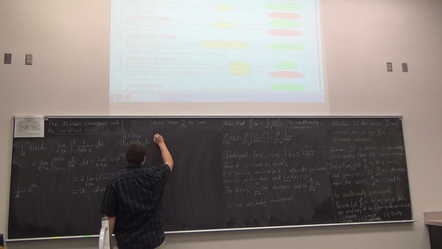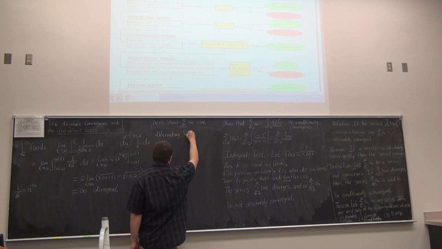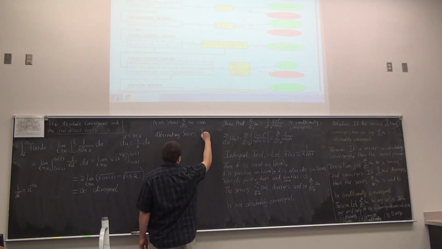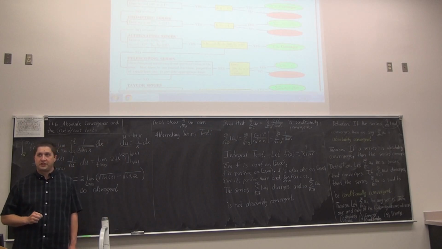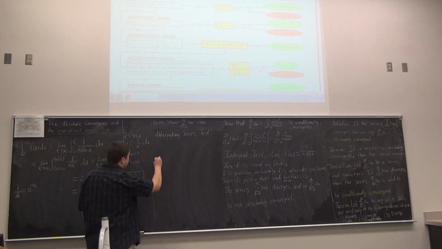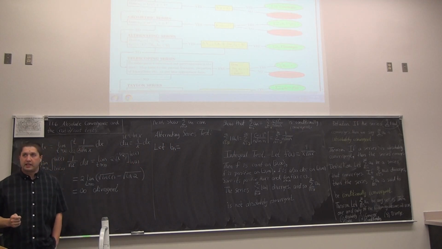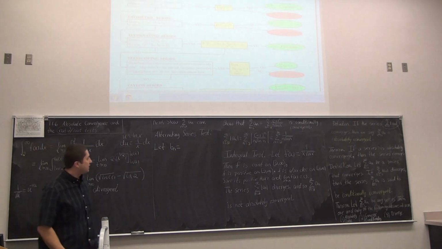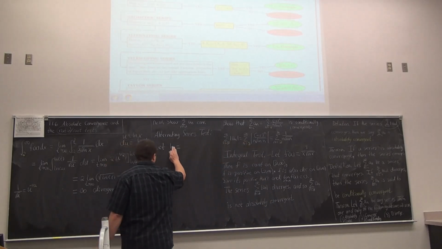So we'll show that this converges. We're going to use the alternating series test. And in the alternating series test, the most important feature is the b sub n. Often that's something that we're using in a comparison test, but in the alternating series test it has a different meaning.